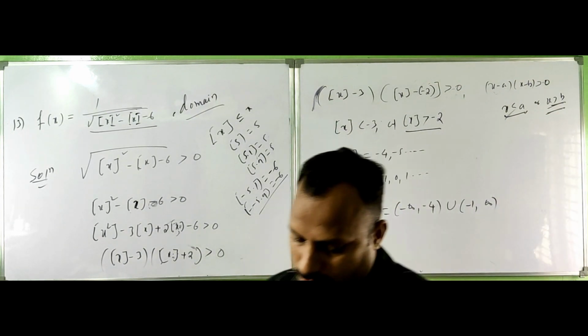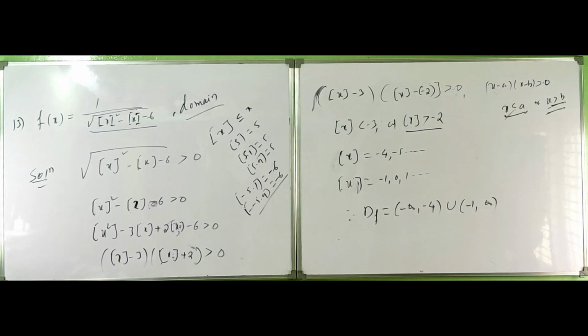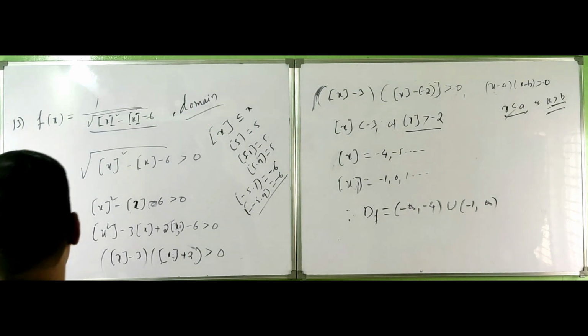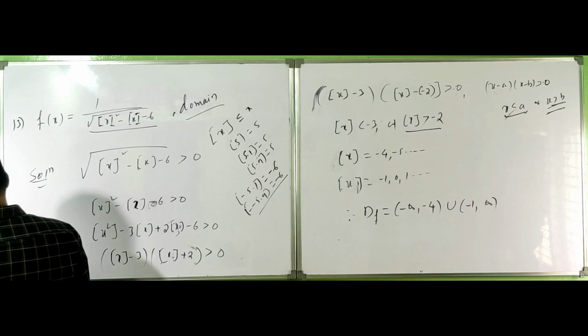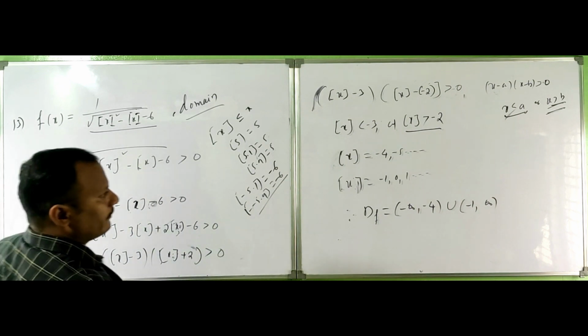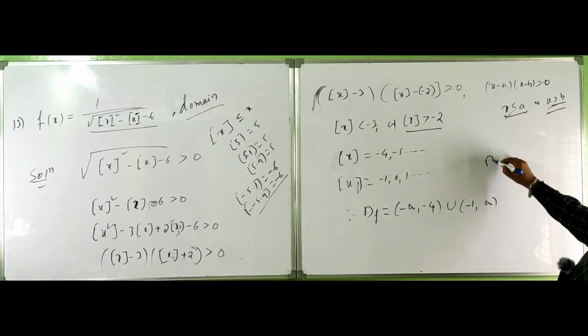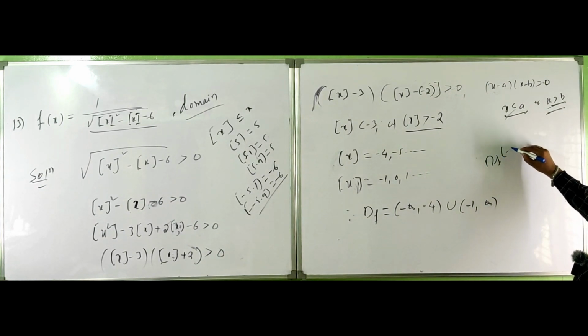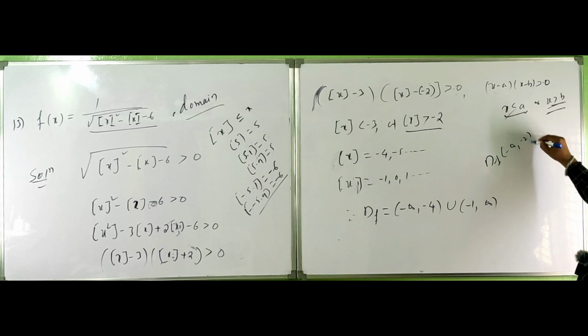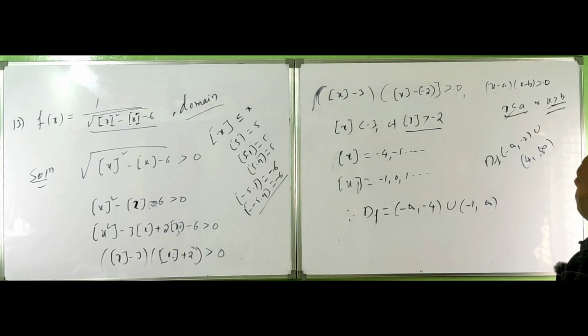What is a and what is b? The answer is minus 2 to 4 to infinite. The domain of f is minus infinity to minus 2 union 4 to infinity. Okay, sir, 4 to infinity.